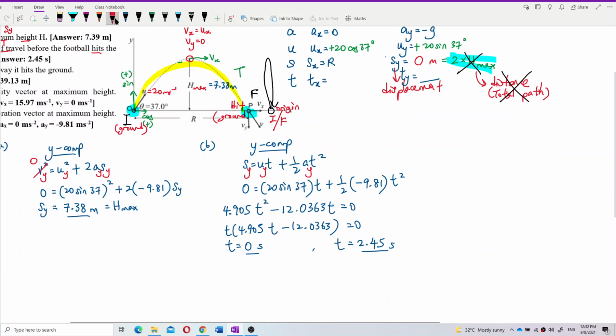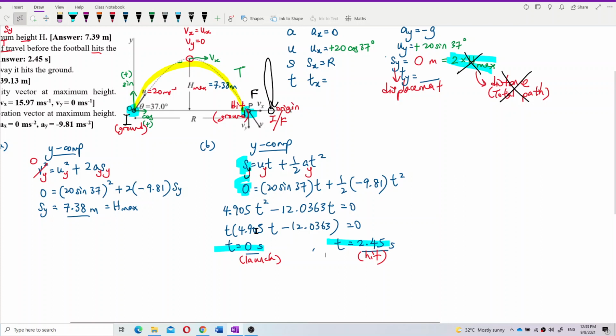The first time is when it is being launched, and the displacement is 0. Then 2.45 seconds later, it hits the ground again, the second time where Sy is 0.